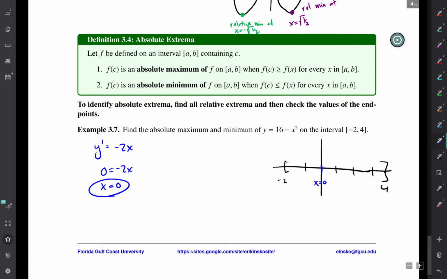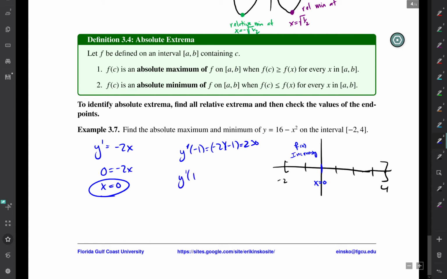And then we need to figure out whether or not this is a max or a min. Well, if you take any value to the left, like y prime of -1, you get -2 times -1 is +2. So we know the derivative is positive, so f of x is increasing to the left of 0.